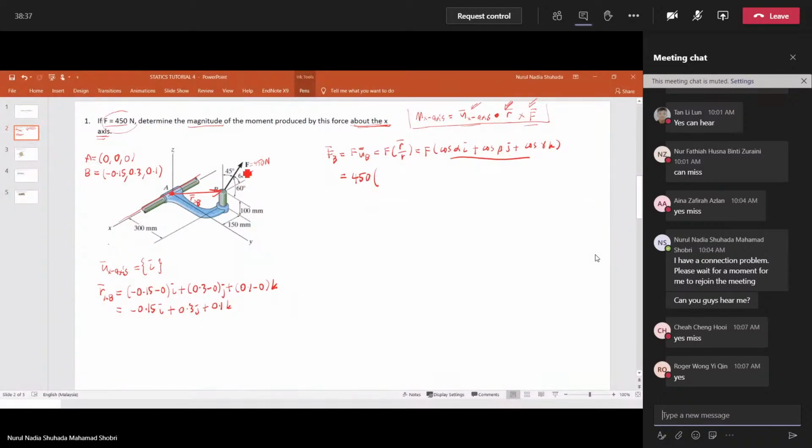Because it's facing the negative side of the axis, it should be negative cos 60 i.